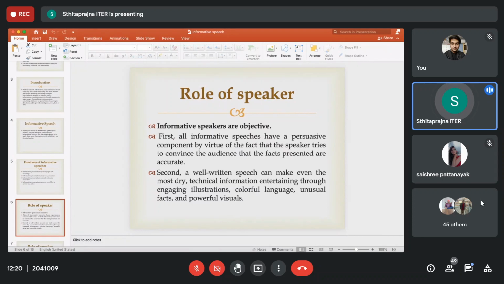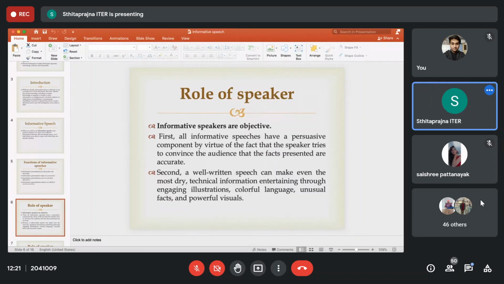So here the co-orientational view of argumentation comes in. And you have to ensure that the data and figures that you present for your argumentation are correct, accurate, and your audience must be able to trust you on that.